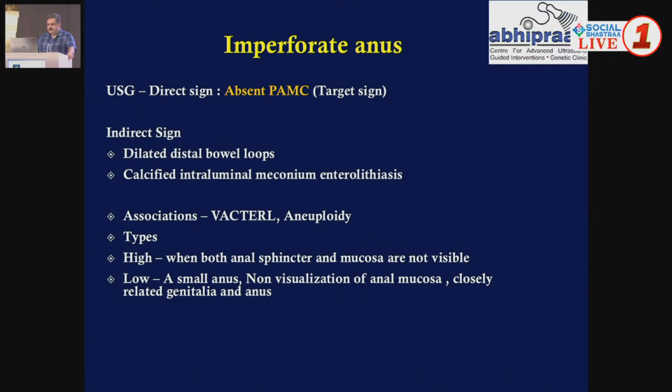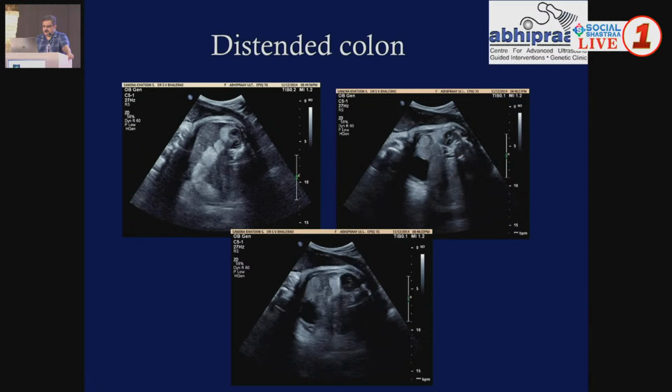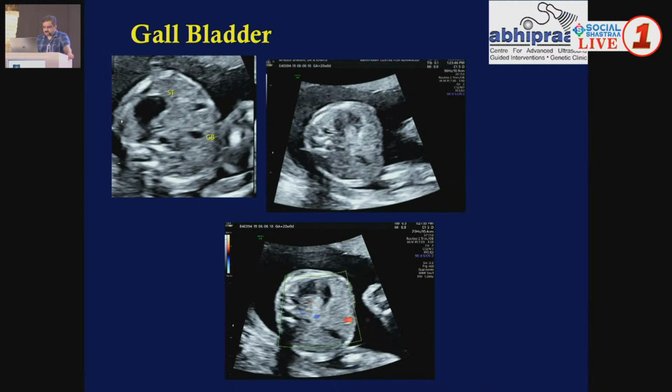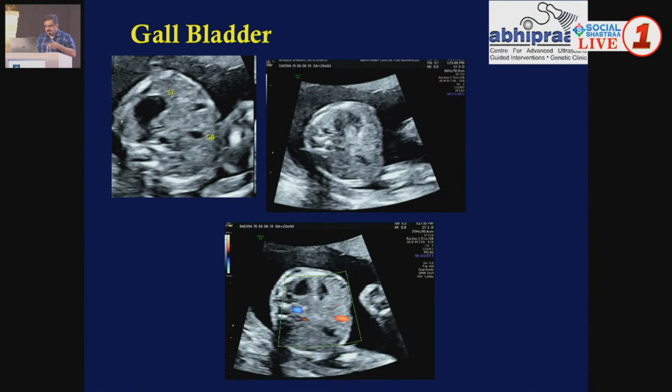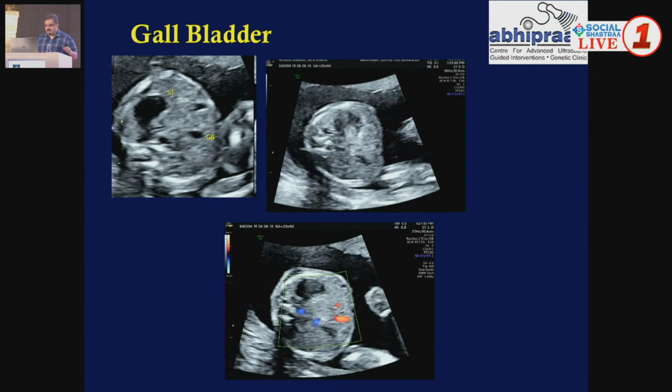Imperforate anus is when you actually see an absent perianal muscular complex, and you will have an associated dilatation of the bowel loops and calcified intraluminal meconium. So knowing that the colon is distended, you have definite markers to say that the colon is indeed distended and more echogenic. So you just have to follow a certain guideline and look at it as a composite picture.